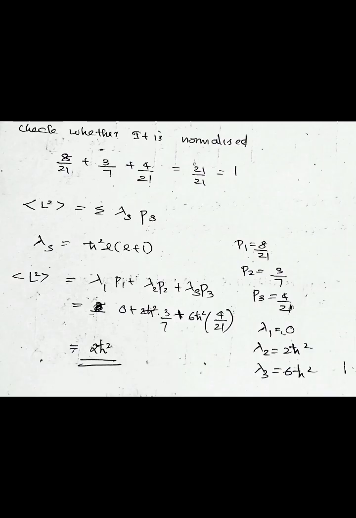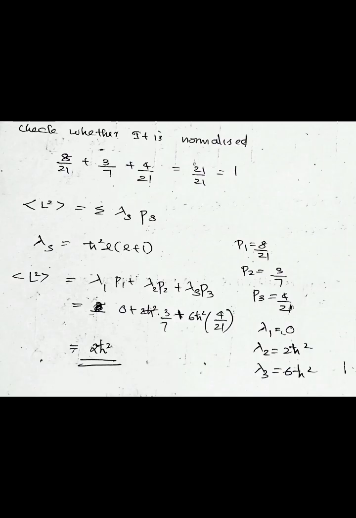In this psi 200 state, n is equal to 2, L is equal to 0 and m is equal to 0. Similarly, we can write the values of n, L, m for psi 310 and psi 321. Substituting these values of L in lambda, we can find lambda 1, lambda 2 and lambda 3. Therefore, lambda 1 is equal to 0, lambda 2 is equal to 2 h cut square, lambda 3 is equal to 6 h cut square.